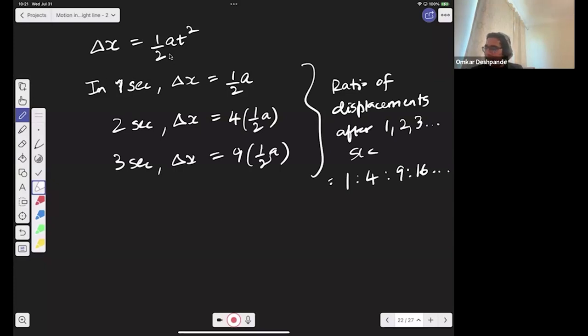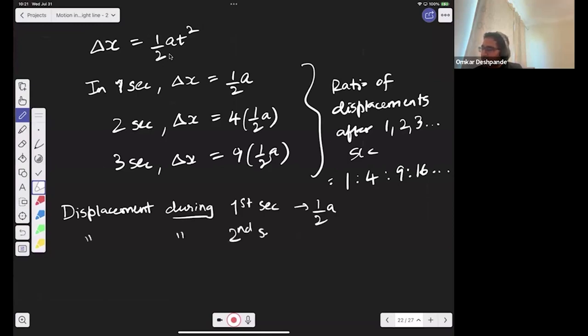Another, equivalent way to do this is to look at the displacement during the first second, during the second, and so on. So displacement during the first second is half a. The displacement during the second is going to be what?